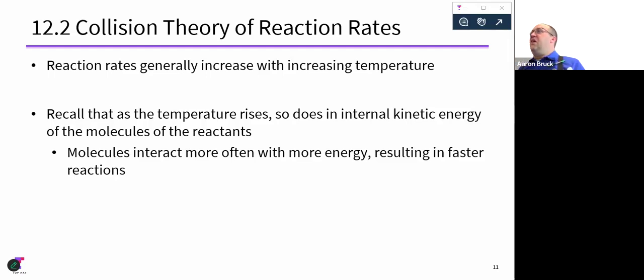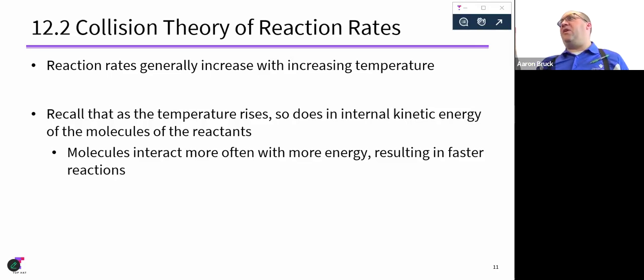So increasing the temperature does two things. It's not going to help with the spatial orientation part, but by virtue of the molecules moving around faster, we know that they are going to interact and collide more. And by virtue of the fact that they have more energy, we know that more of those collisions are going to have proper energy.